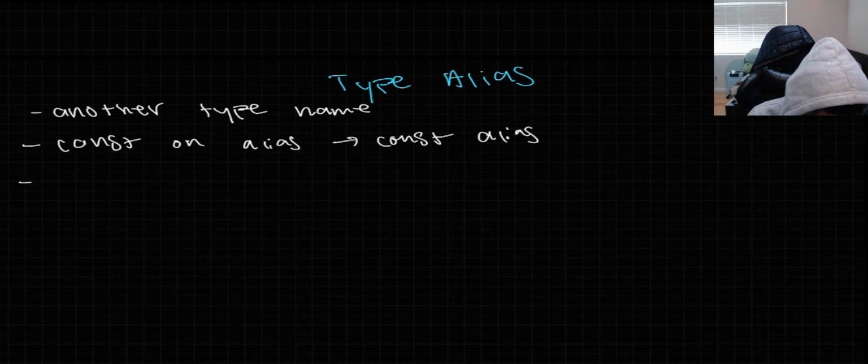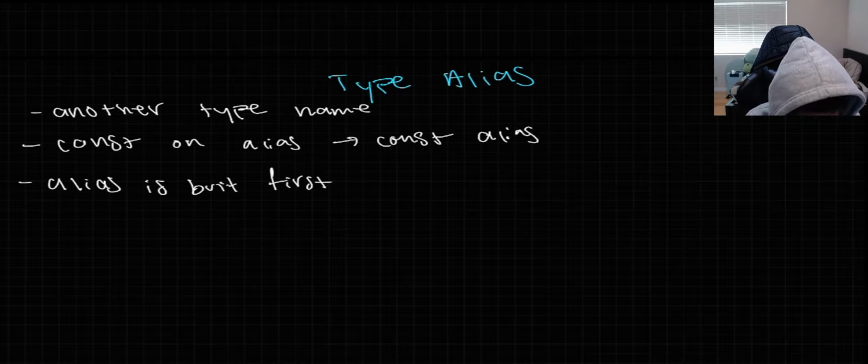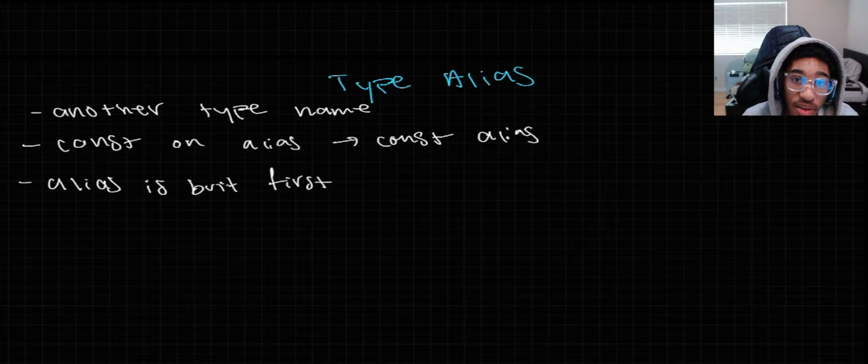And some good measures before we get into deduction and the different types of deduction. We should note that an alias is the first thing built, and then the declaration is applied after the built alias.